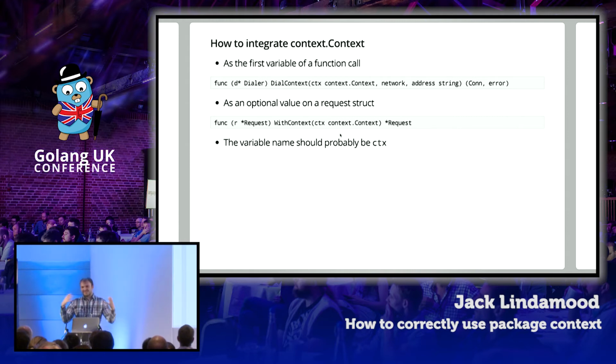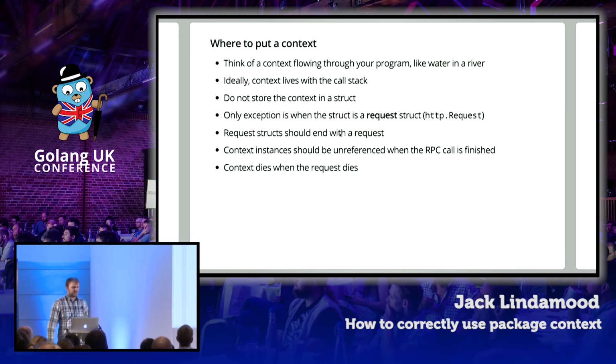But with HTTP, there are dozens of things you can set, so it wouldn't make sense to have an HTTP function with dozens of parameters, so you make a request struct out of that. I believe that's the reasoning there, and you can attach context to your request struct. And you should probably name your context ctx, just because that's what everyone does, and you want to be like everyone else, right?